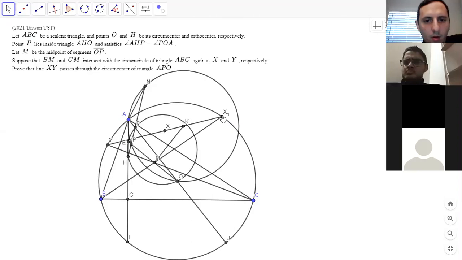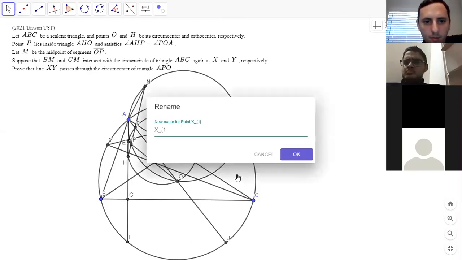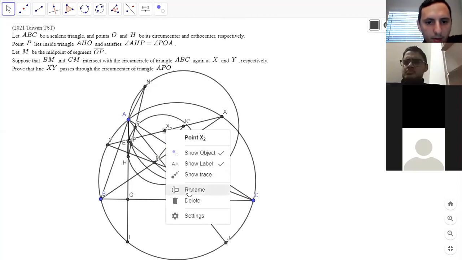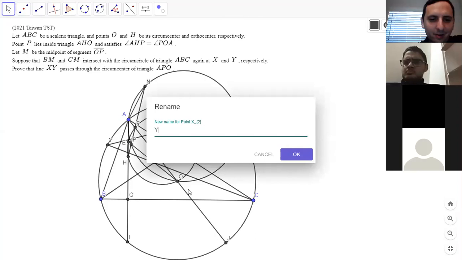So we want to prove that the midpoint of AO is on this circle. Hold on one sec. Sorry, I gotta call it Z because we already have X and Y. Okay.